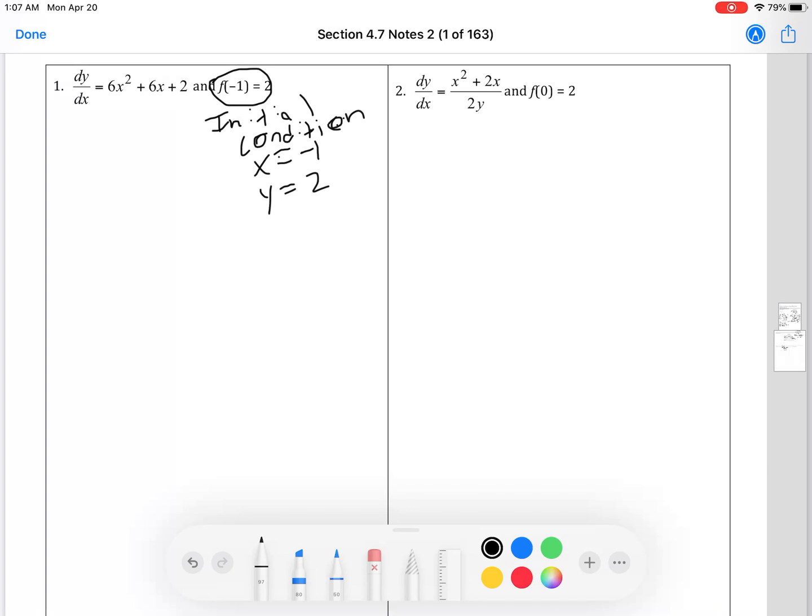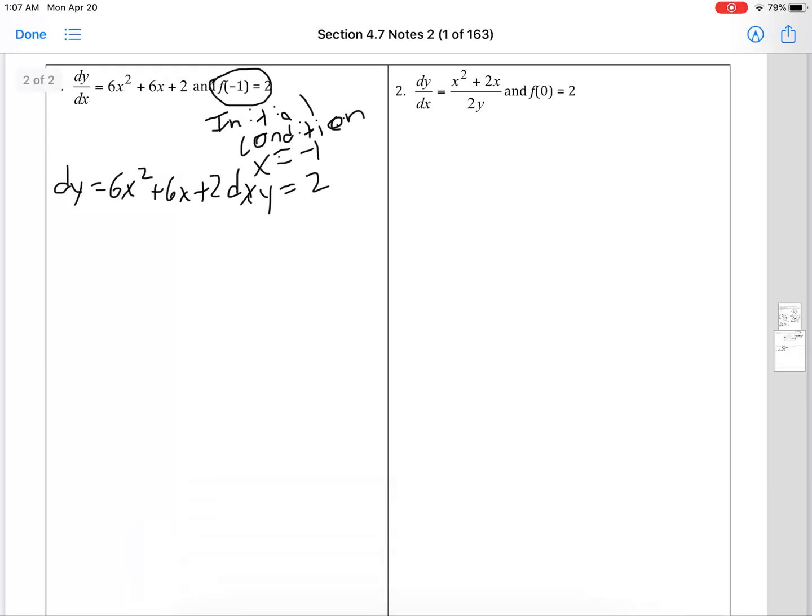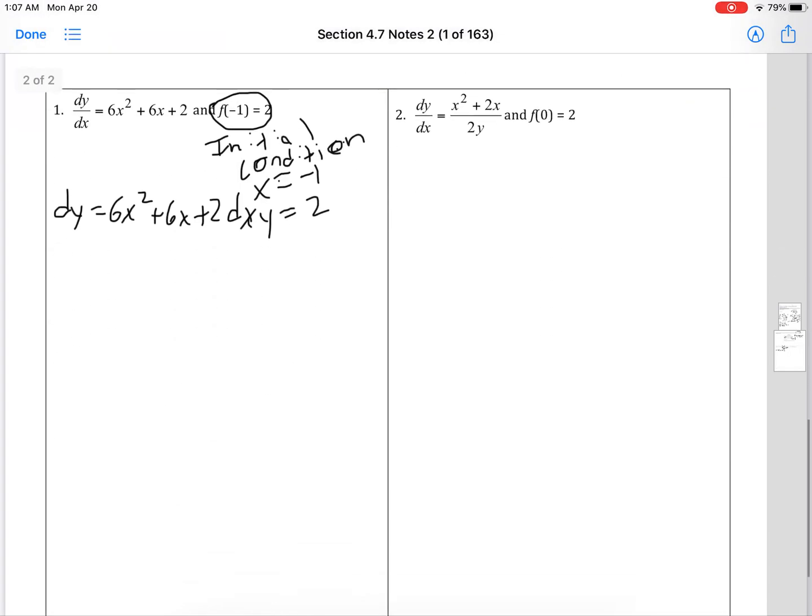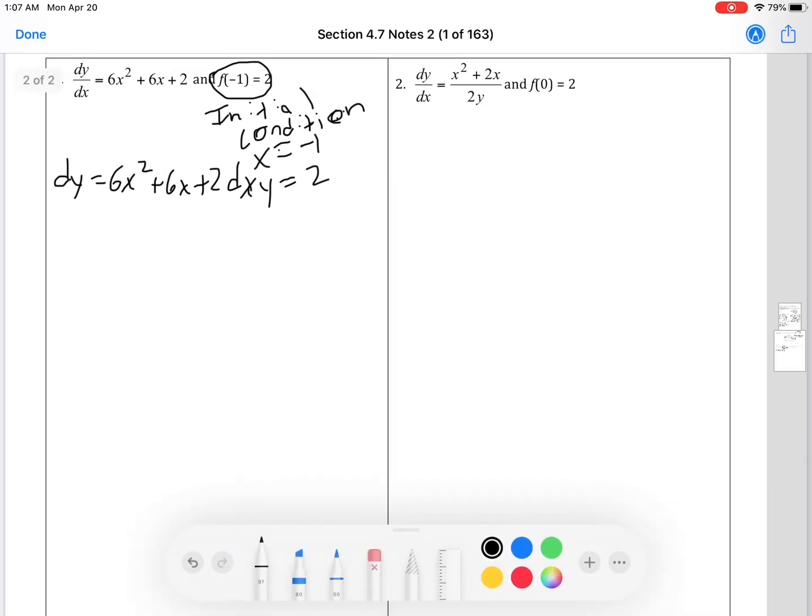So I'm going to solve this differential equation. Start treating it like a normal one. So I have 6x squared plus 6x plus 2 dx. And as it says in step number 2, take the antiderivative of both sides.